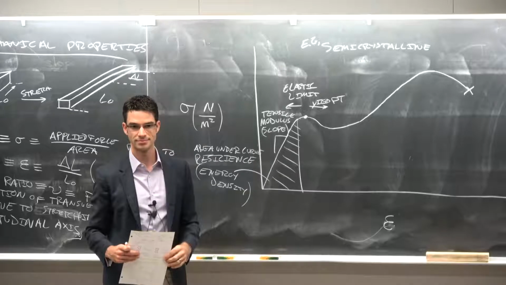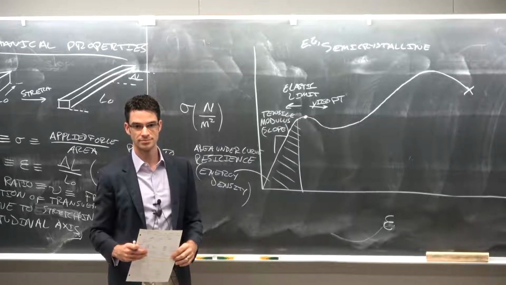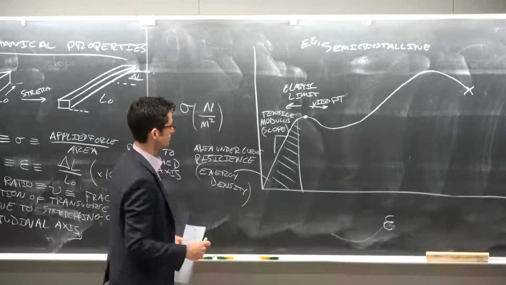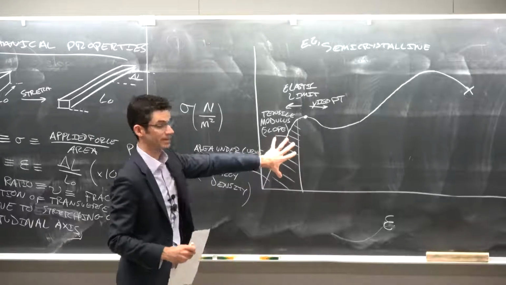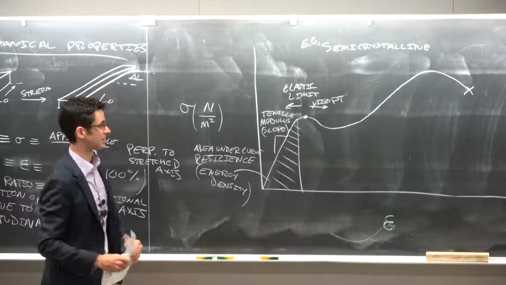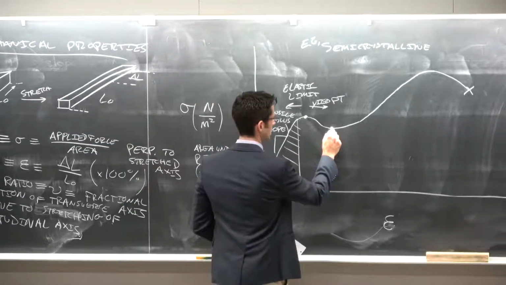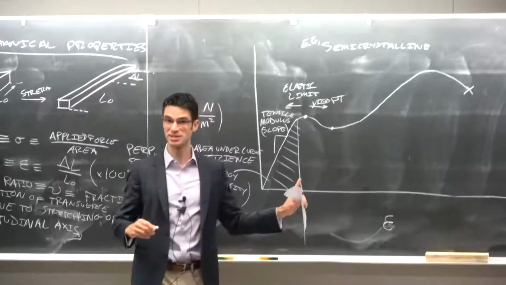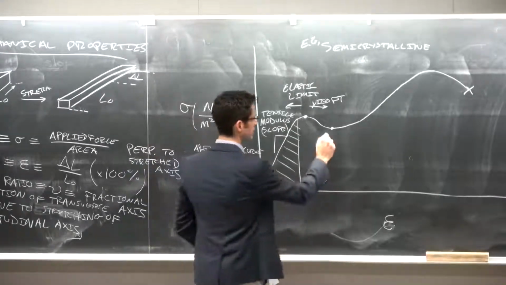Just to clarify, we're calling the integrated area there the elastic regime? Yes. The integrated area here is the elastic regime. This point here, if the material has one, is a lower yield point.